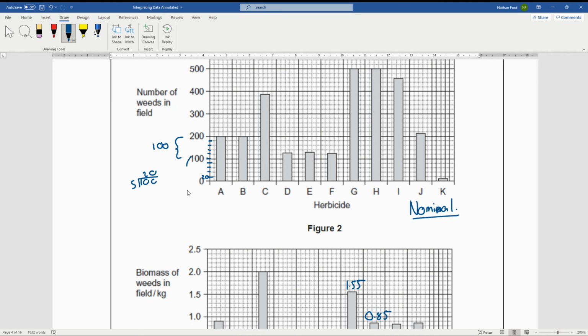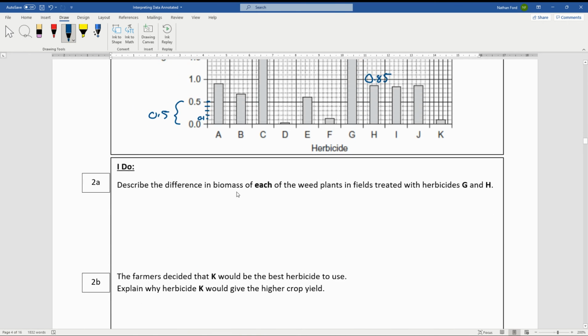All right, sorry, we jumped in there. So let's look at these questions. Describe the differences. Their numbers are the same, but G has more mass. That means that G has more biomass, or the weed plants are bigger for each one of them on average.